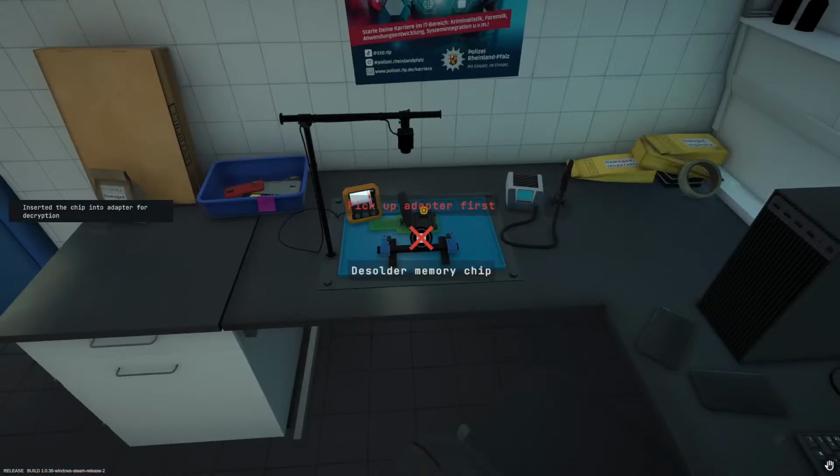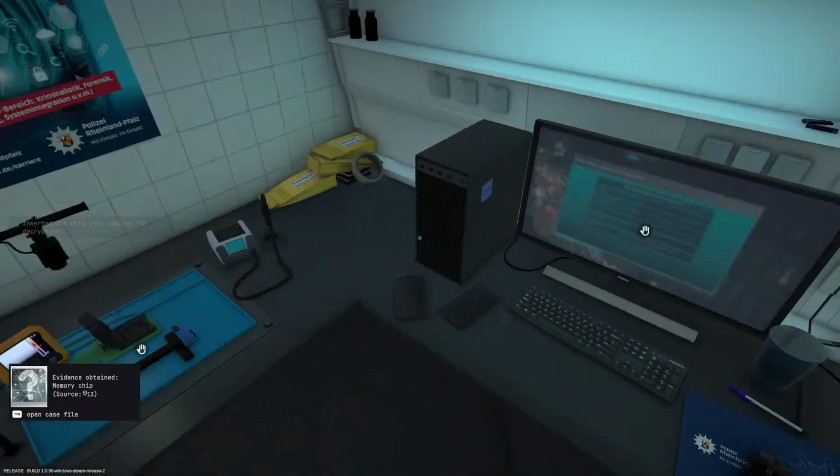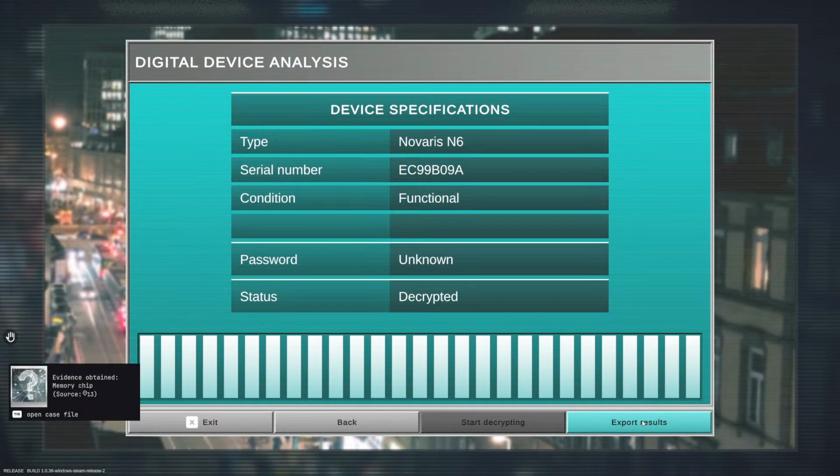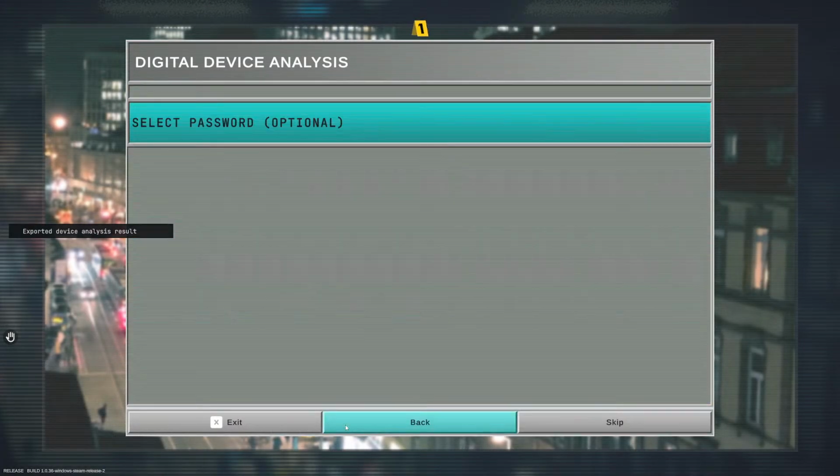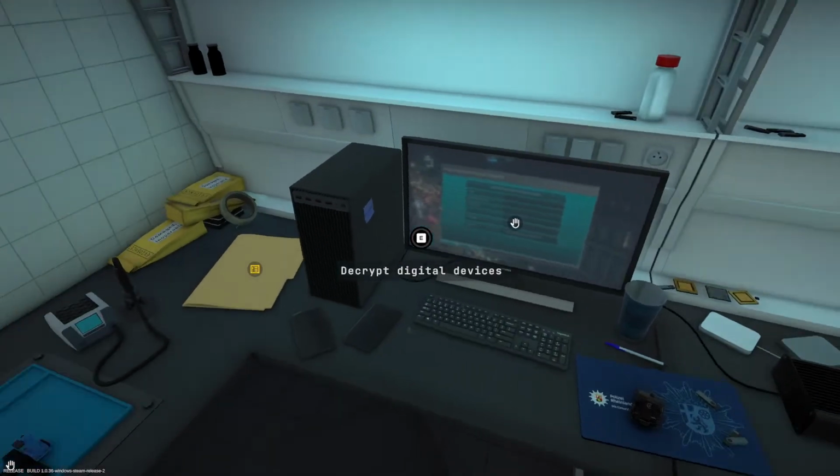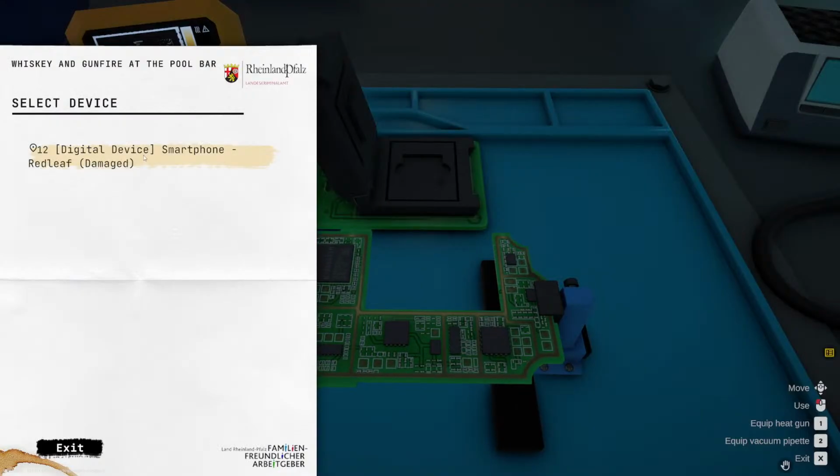There we go. Grab that. We'll export those results. Go back a couple here, select the new chip. Same thing, we'll decrypt, and then we'll work on the last one.